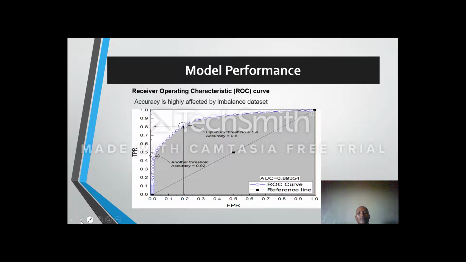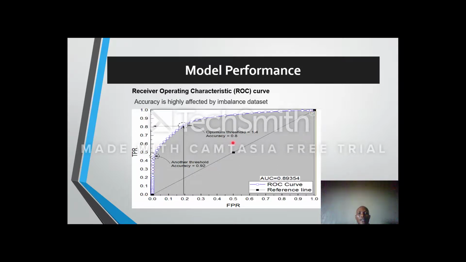And as you can see, what receiver operating characteristics is about is the tendency of you having the true positive rate and the false positive rate. This is the optimal threshold part of the ROC, unlike the direct part of accuracy, which is a straight line.